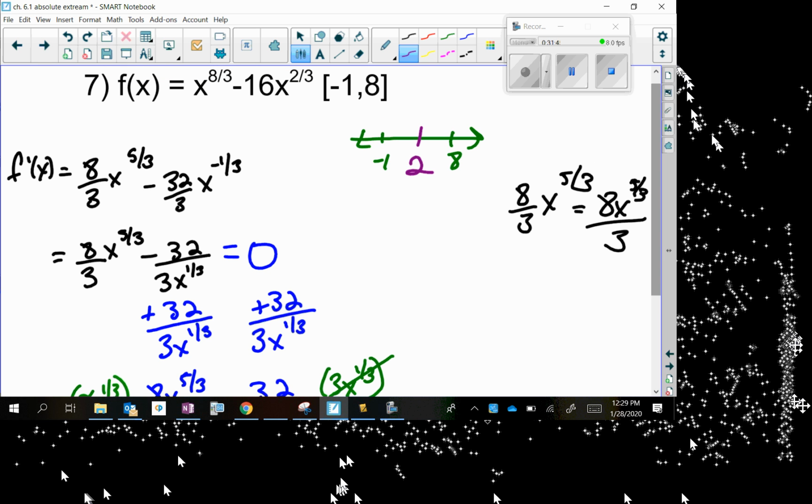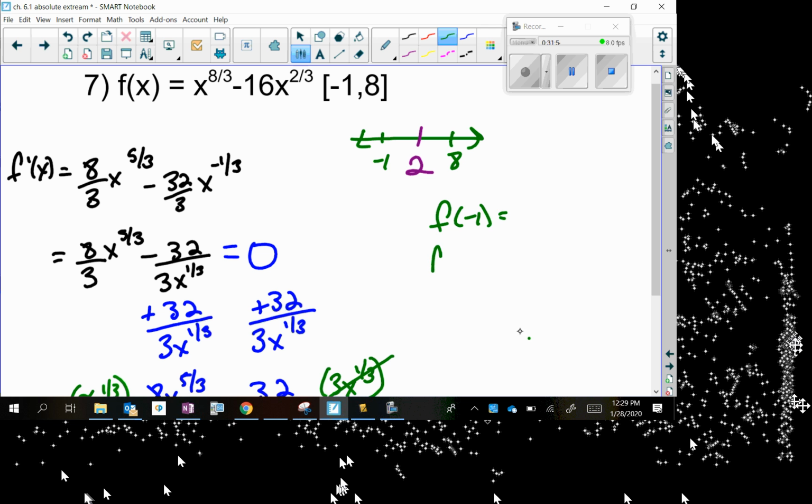So now we just need f at -1, f at 2, and f at 8. All right, and I'm going to talk through this a little bit. You can do it on your calculator, but I also want you all to have some kind of intuition about it.